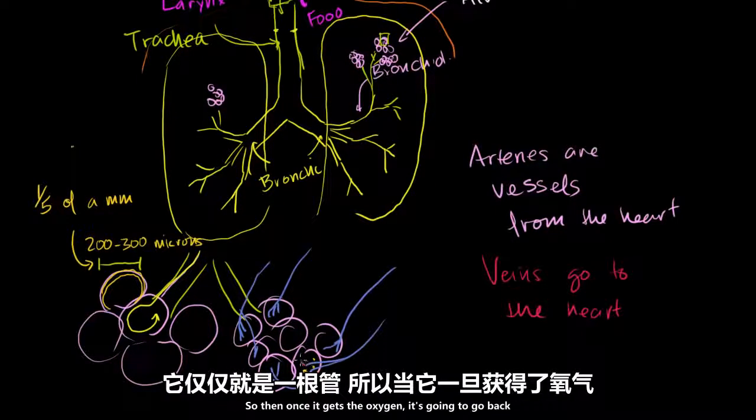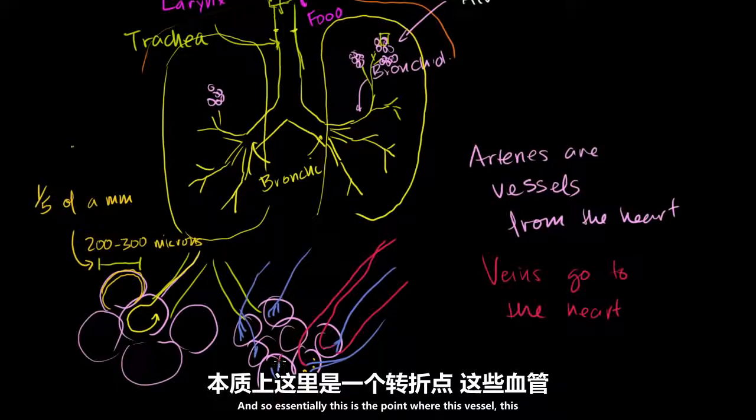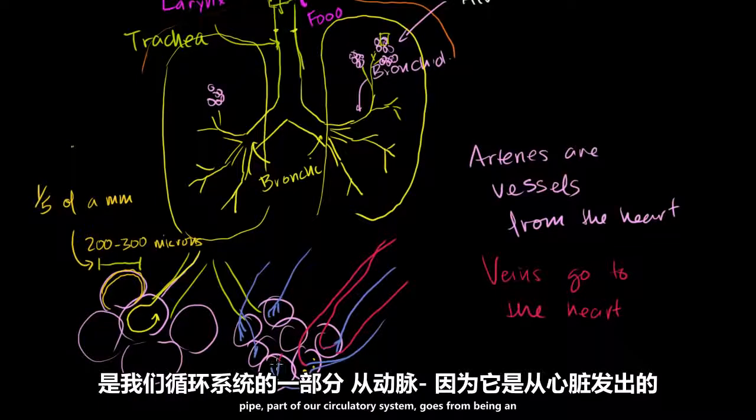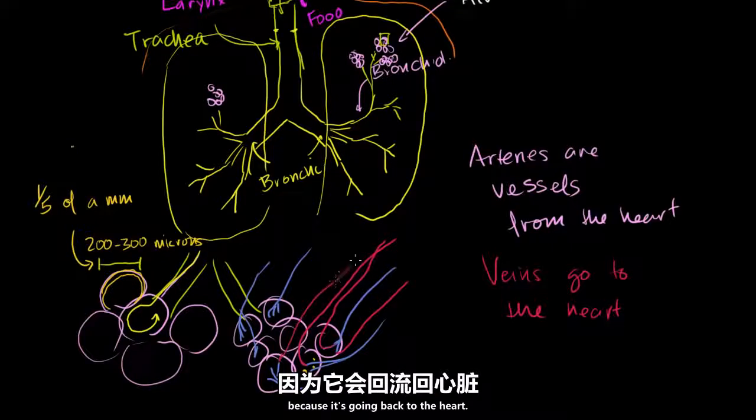Once it gets the oxygen, it's going to go back to the heart. So essentially, this is the point where this vessel, this pipe, part of our circulatory system, goes from being an artery, because it's coming from the heart, to a vein, because it's going back to the heart.